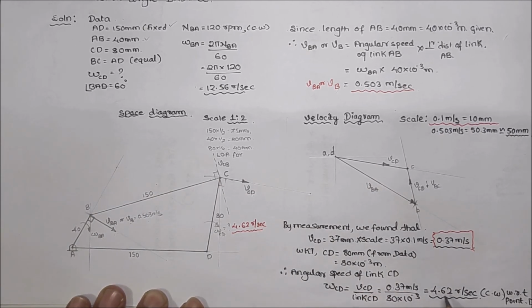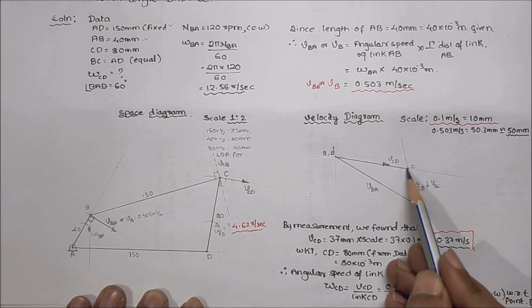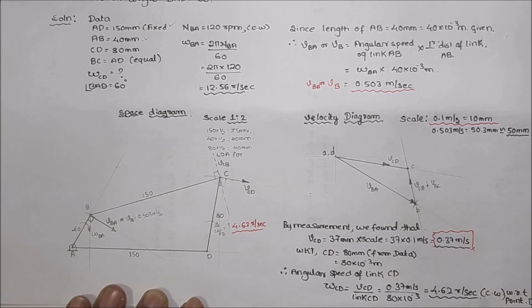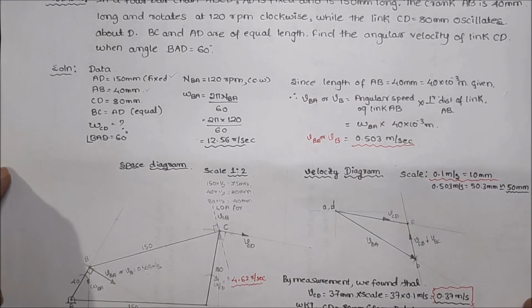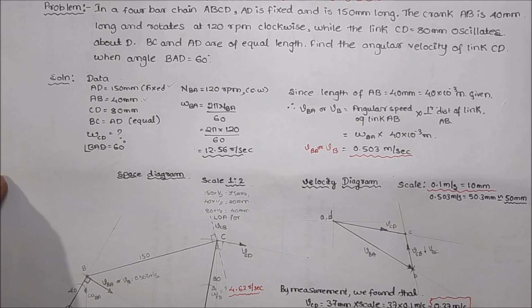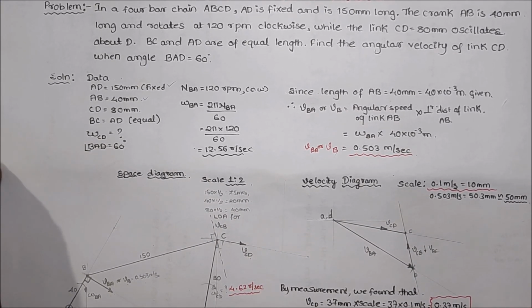Answer for this one is 4.62. Some answers may vary from this value because of some substitution values. So I hope you have understood this problem. So the problem looks like this. So let me end our session.